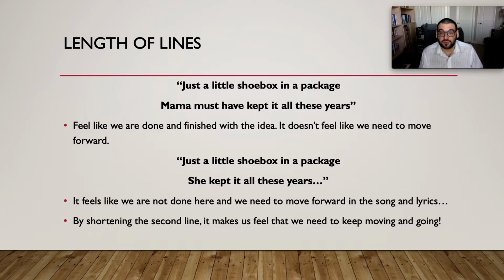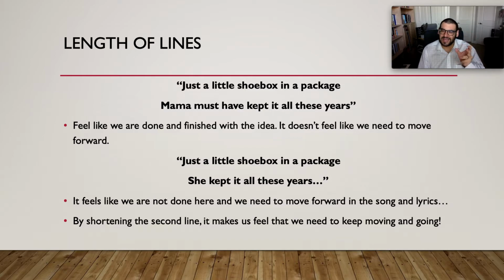Let's take a look at a few examples. Just a little shoebox in a package. Mama must have kept it all these years. So we have 2 lines, somewhat stable. Let's take a look at the syllables. Just a little shoebox in a package, so 10 syllables. Mama must have kept it all these years, 9 syllables.